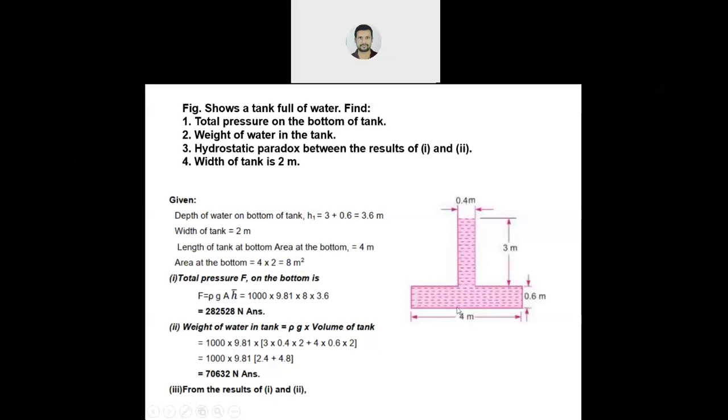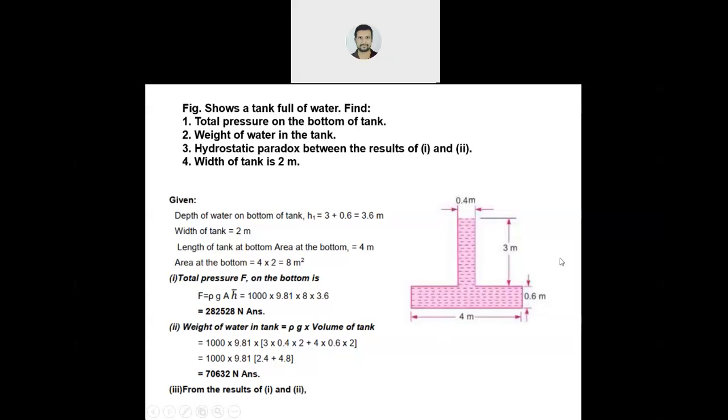Or you can say it is completely one tank. This is the free surface of water, the water ends here, right? This is the top surface of water. From here to the bottom of this tank, how much height? 3 plus 0.6, 3.6. Width is given as 2 meter.